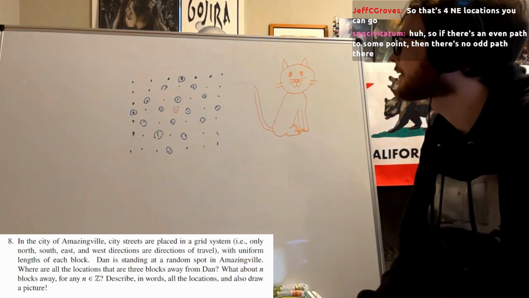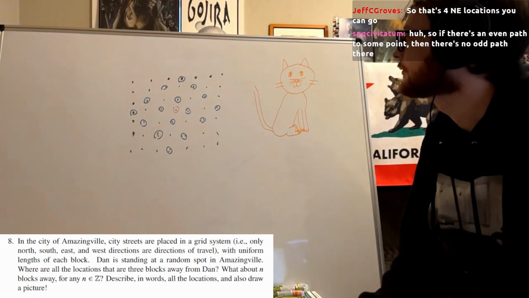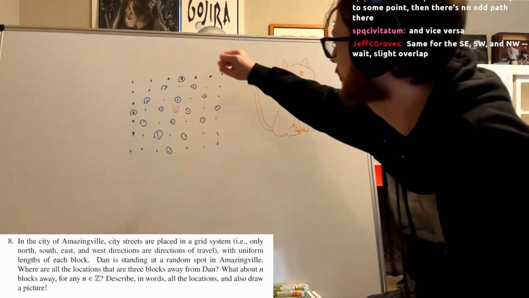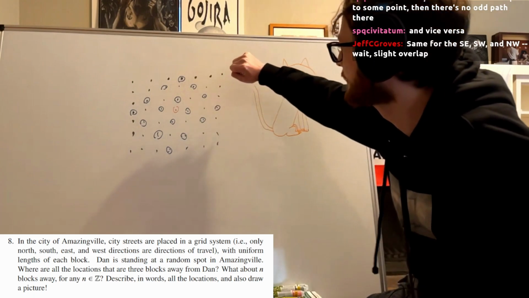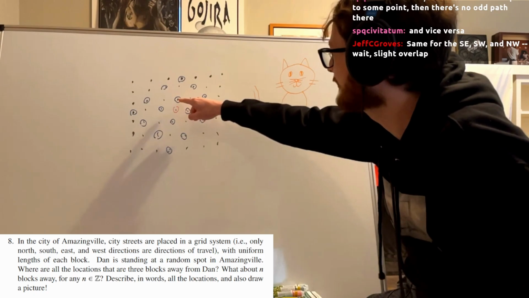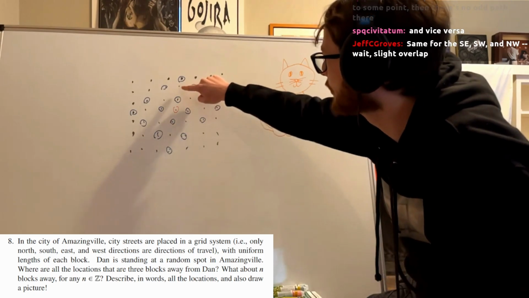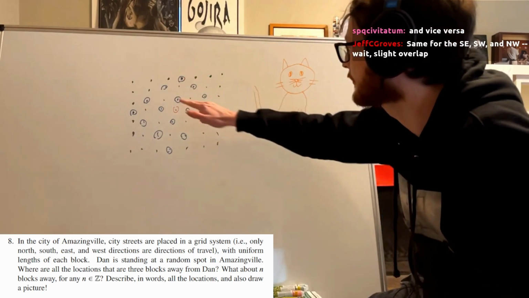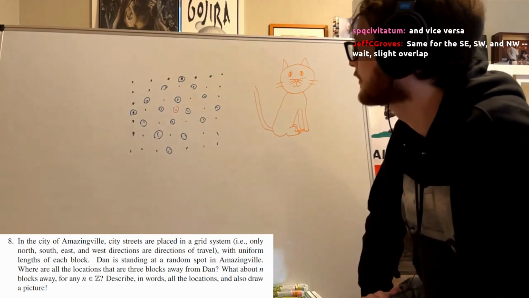There's no odd path. So I guess opposing what Jeff is saying, if you're heading northeast, like in this quadrant, you could go up 1 and then you have to go 2 east. You could go 2 north and you have to go 1 east. Or you could go 3 north and 0 east, or 0 north and 3 east.